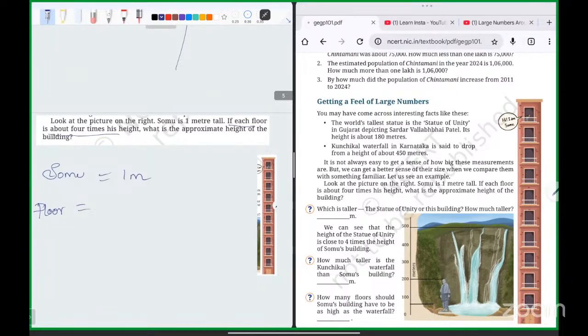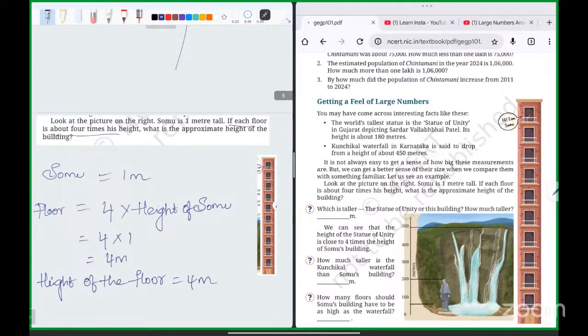So the height of the floor is 4 times the height of Somu. What is the height of Somu? 1 meter. So 4 into 1 will be equal to 4 meters. So the height of the floor is equal to 4 meters.